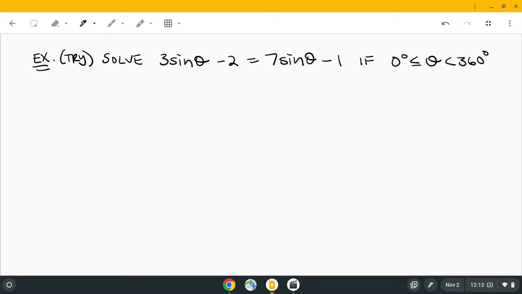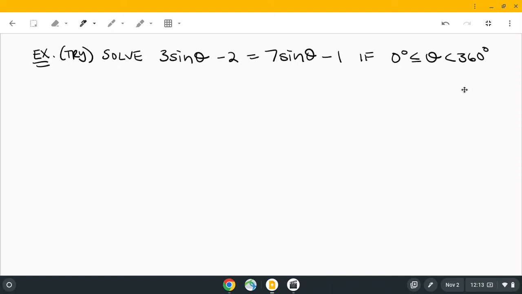Okay, so we do have this restriction, so we're not going to do the infinitely many solutions using the plus 360k or 360n. Okay, so we just want the two angles that are going to be in between 0 and 360. All right, so go ahead and hit the pause button and come right back.